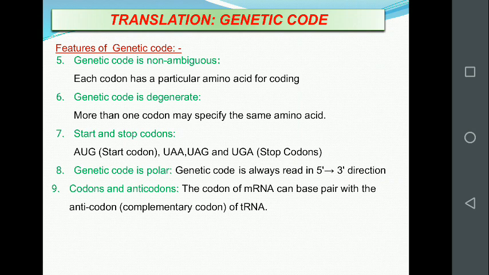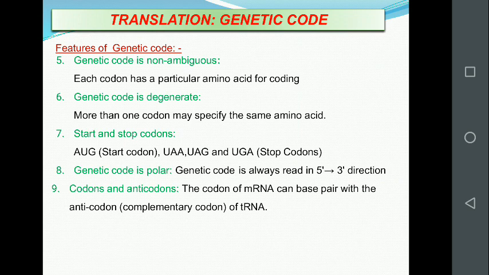The template will be in 3 prime to 5 prime direction, and the new strand that is being synthesized will always be in 5 prime to 3 prime direction. In the same way, RNA synthesis also takes place from 5 prime to 3 prime direction.